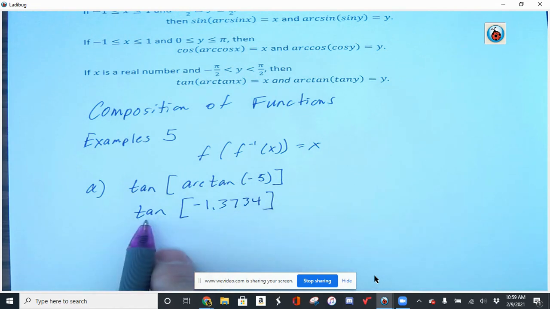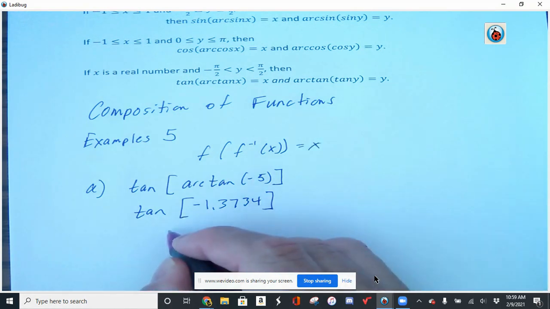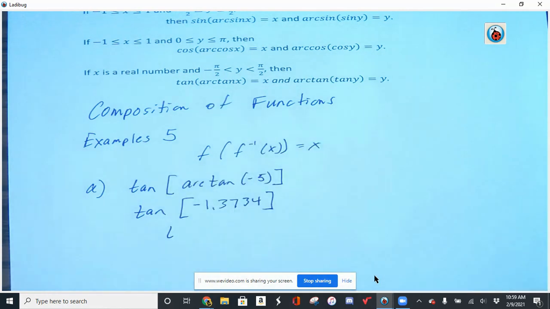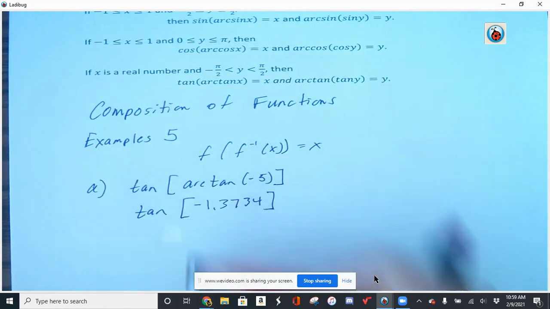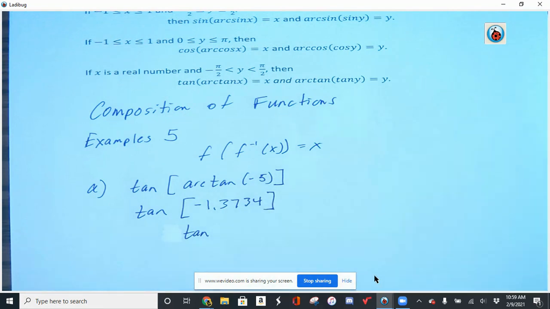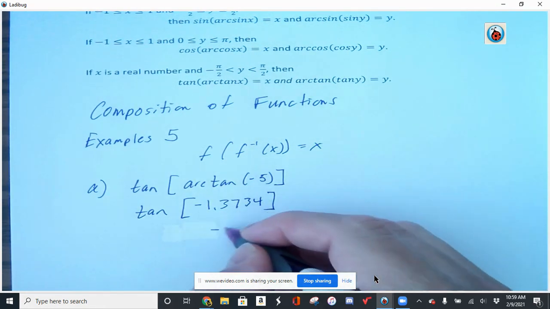So now let's find the tangent of -1.374. And look what I end up getting: I get -5.